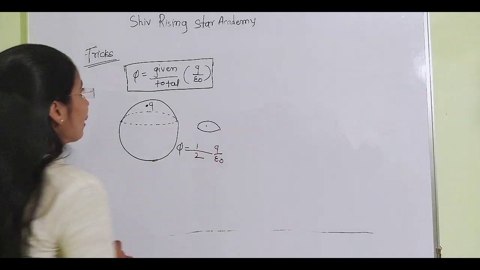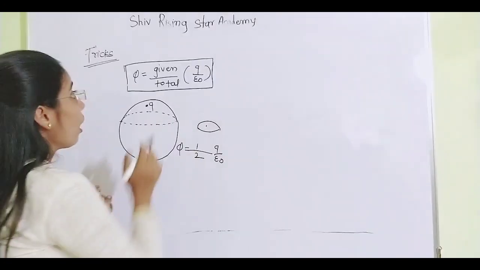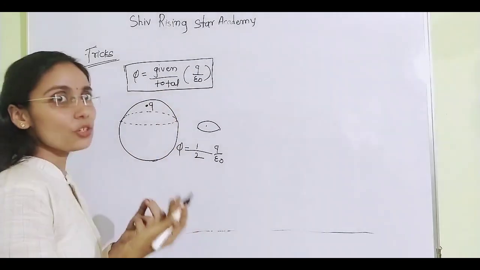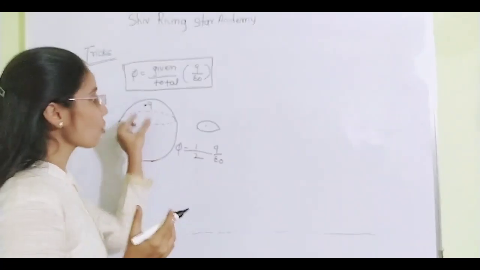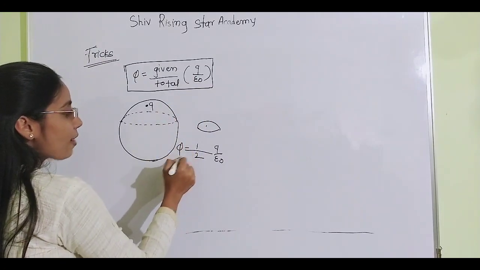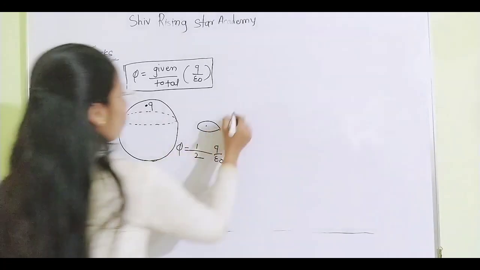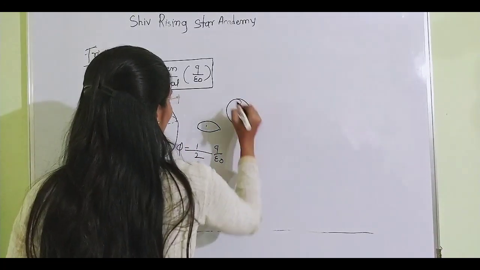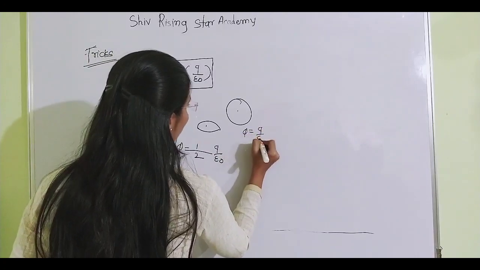So it is given number of surfaces upon the total surface required to completely enclose the charge, into q by epsilon. So in this case phi is equal to 1 by 2 q by epsilon. For a complete sphere with the charge inside, phi is equal to q by epsilon naught.